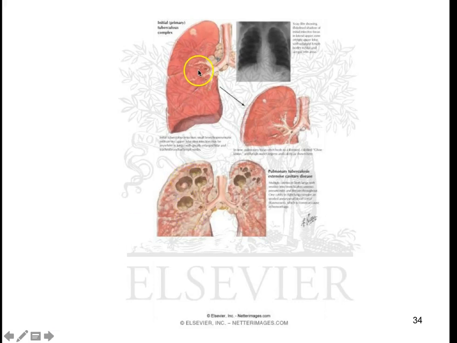So these are normal lung, abnormal lung, normal lung, lung with TB. The cavitation is picked up quite easily, and you get this positive feedback loop, which then can lead to death. So that's the lovely story about TB.